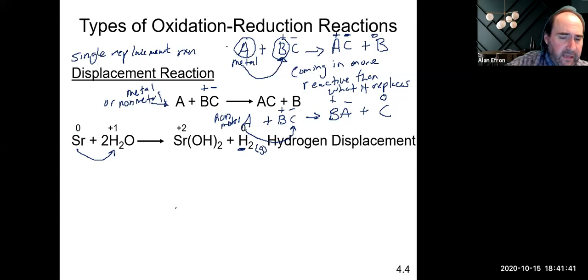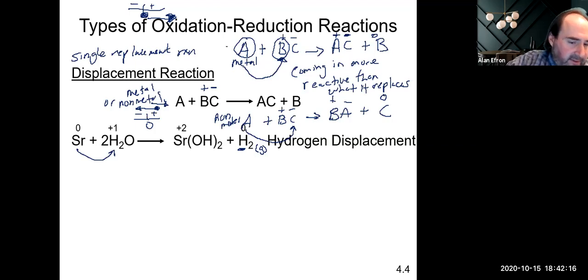So if we look at the strontium, and again, our number line here of 0, strontium is starting at 0 and ending at +2, heading to the right-hand side. It is going through oxidation, while our hydrogen is starting at +1, which would be here, and ending at 0, which would be going to the left, which means the hydrogen here is actually going through reduction in this particular case.